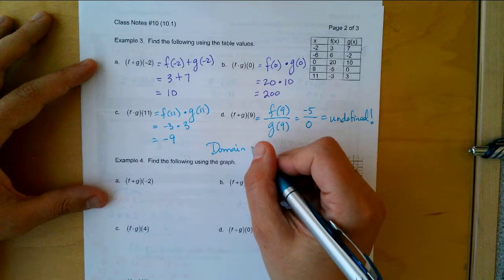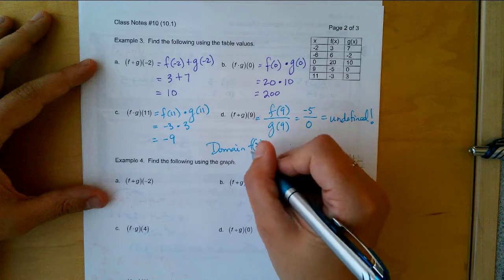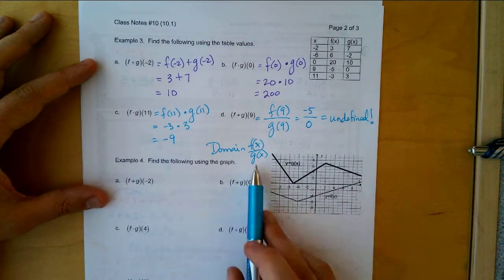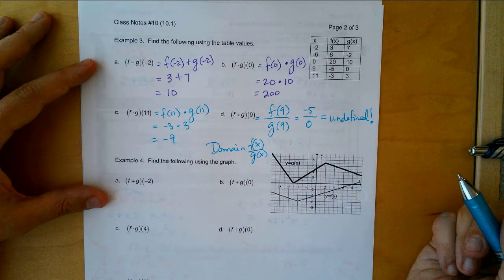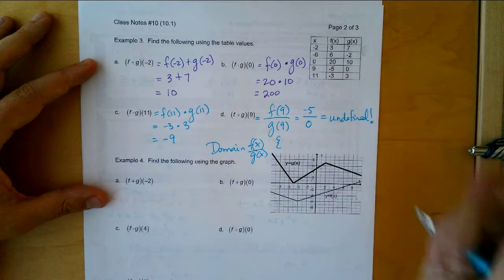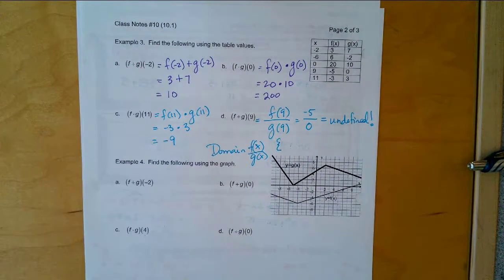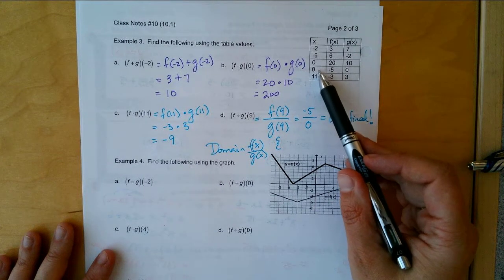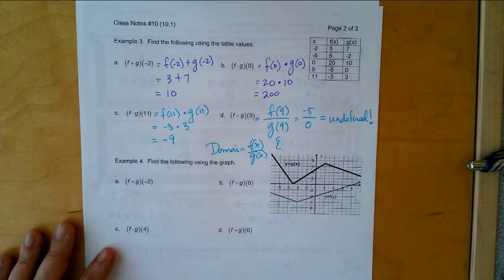Okay, so if you were going to say, what is the domain of f of x divided by g of x, what numbers could you use from the chart? Yeah, and would that mean that the only x value you can't use is x equals 9, right? So tell me the x values that you could use.